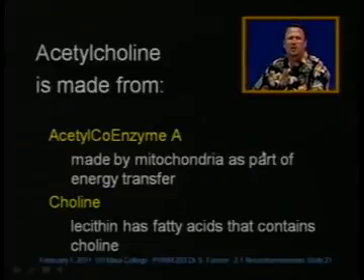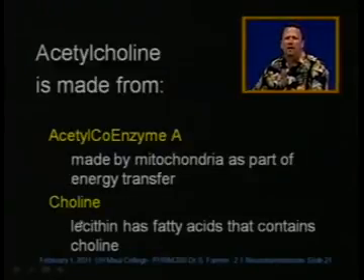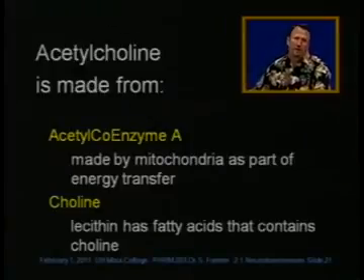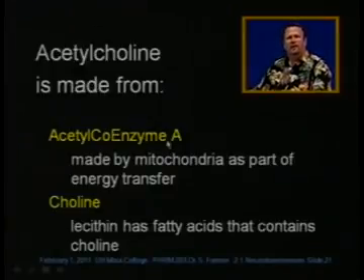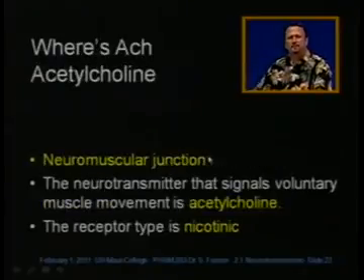So we take this acetyl coenzyme A from the mitochondria and add that with choline to give us acetylcholine. Lecithin is a substance that has fatty acids that contain choline. That's why you'll see lecithin talked about improving memory, because acetylcholine is a neurotransmitter used in the brain. So acetylcholine is made from acetyl coenzyme A and choline.